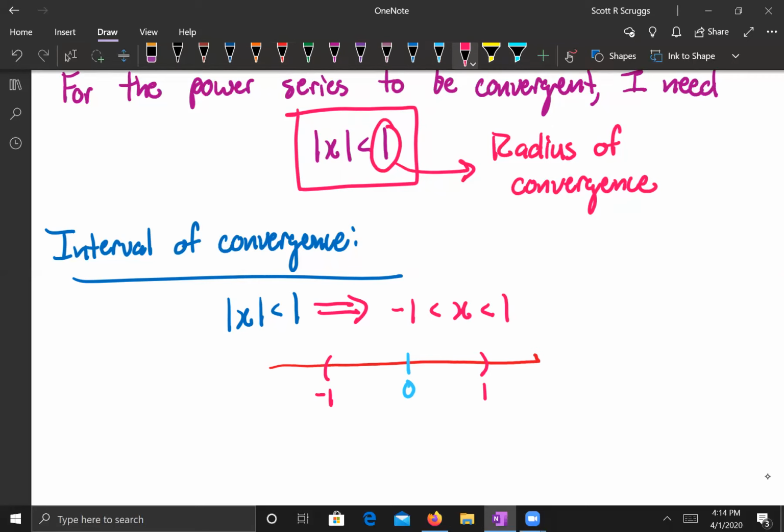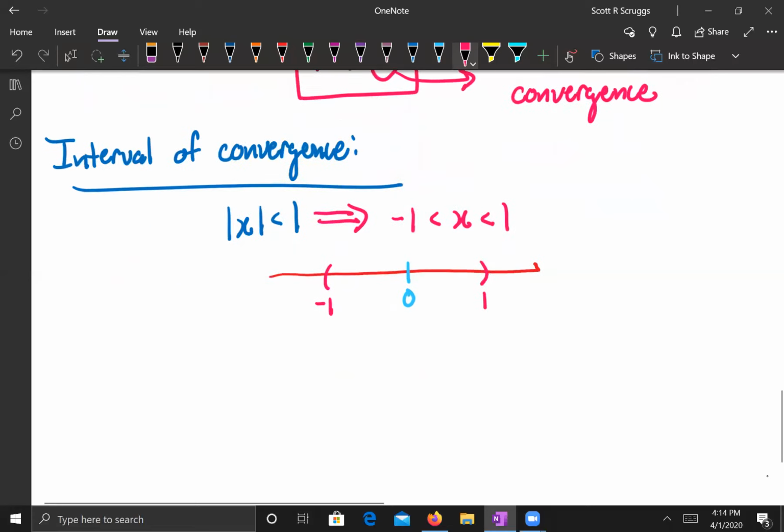And so to find the interval of convergence, essentially the main idea is to use your radius of convergence, rewrite the absolute value as negative of the radius of convergence and positive of the radius of convergence. And let's go ahead and write it more generally.